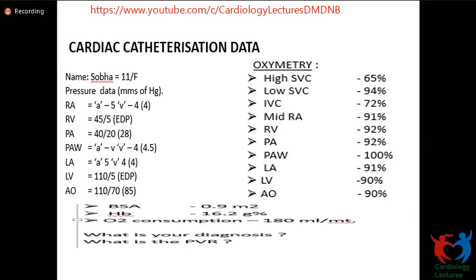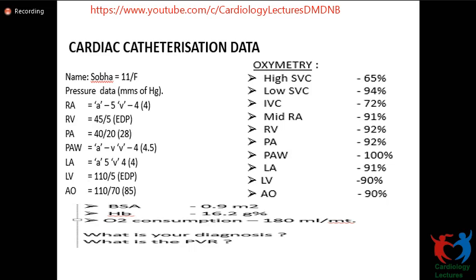It is very unlikely that in partial anomalous pulmonary venous drainage, you will get equalization of oxygen saturation in all these chambers, because the mid RA, RV, pulmonary artery, left atrium, left ventricle, aorta, everywhere it is equal. Usually the oxygen saturation in the LA will be much higher than that of the RA in partial anomalous pulmonary venous drainage.